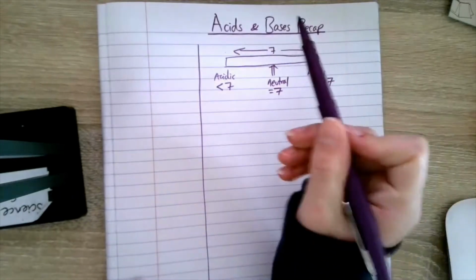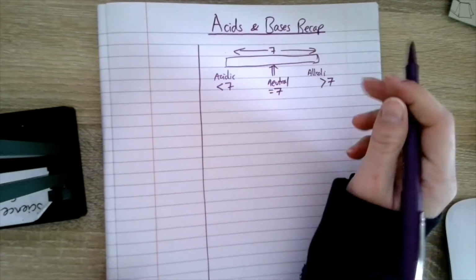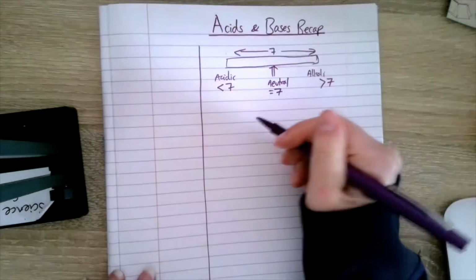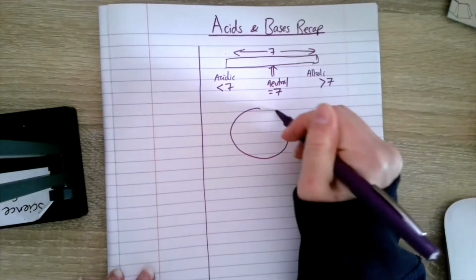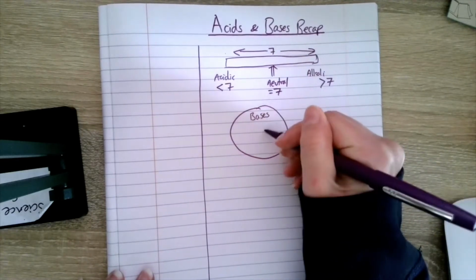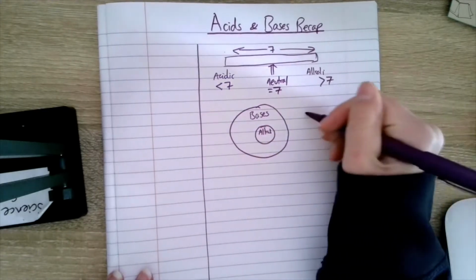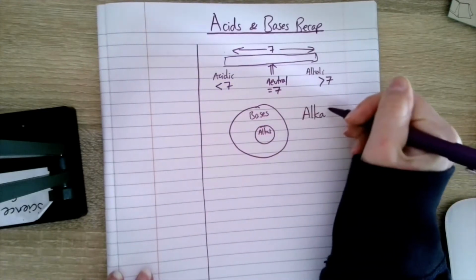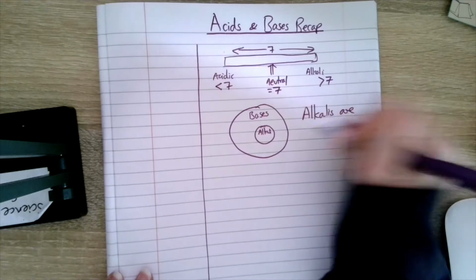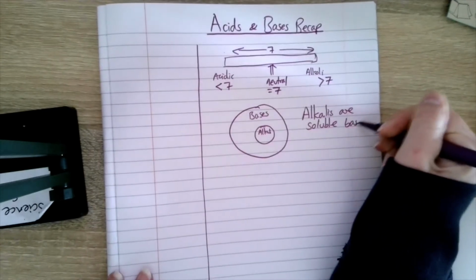However, bases are a more general term of alkali. So if we consider this circle to be bases, then alkalis are a certain type of bases. So alkalis are soluble bases.